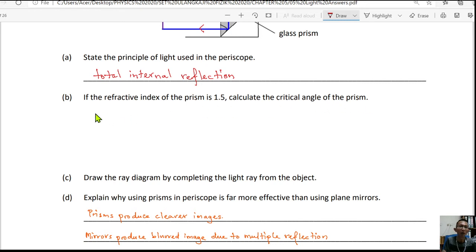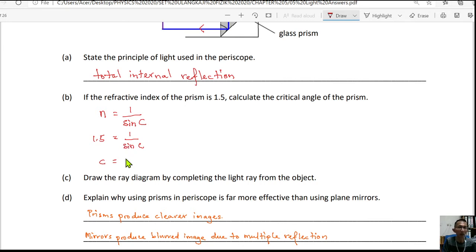Alright, so if the refractive index of the prism is 1.5, calculate the critical angle of the prism. What formula are we going to use? n equals 1 over sine C, right? We are given the refractive index is 1.5 equals 1 over sine C. So can you find your C now? Plug it into your calculator.